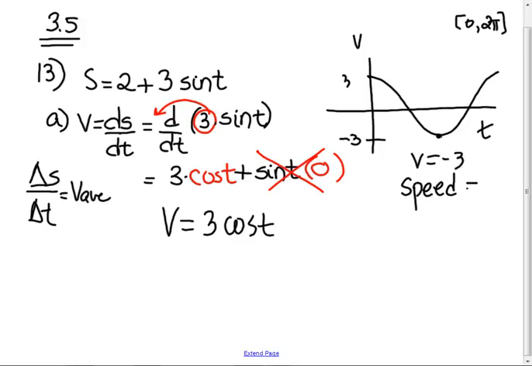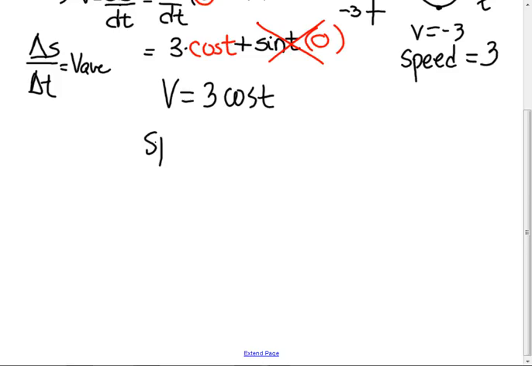So how do I write speed? That's right. So the speed is the absolute value. And if they ask you for that, it's most likely either something easy like this or a calculator problem. That's what they can get on the calculator, because they don't want you to have to graph some weird function and flip it up over the x-axis and stuff like that. And then it asks for the acceleration.